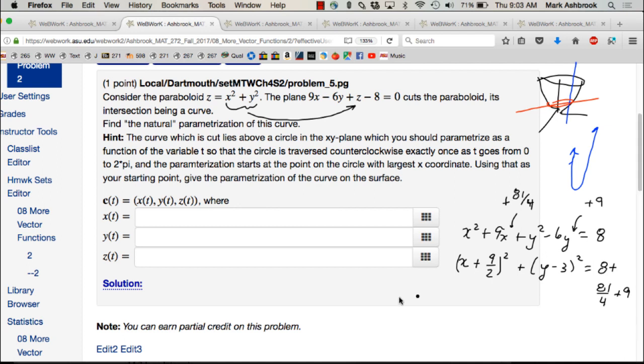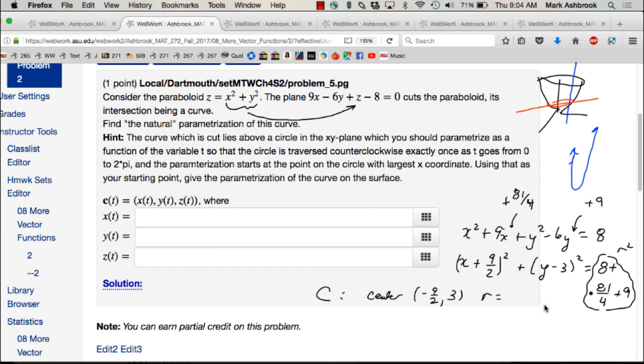So we have a circle with center (-9/2, 3), and radius equal to the square root of whatever all that is added up, right? This is r squared.